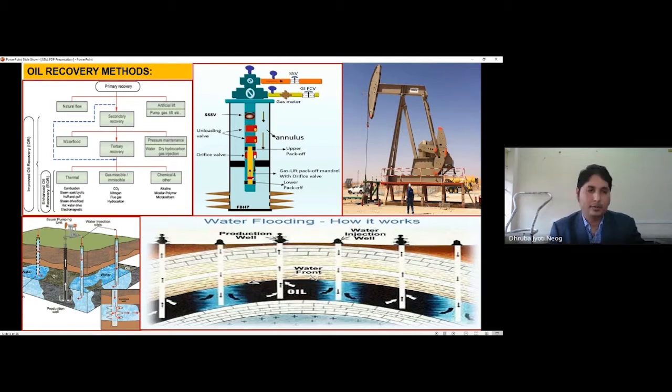And if there is no good connectivity between the aquifer and the oil reservoir, water has to be injected directly into the oil bearing part of the reservoir. As you can see here, water is being injected directly into the oil bearing part because of lack of sufficient connectivity between the oil reservoir and the aquifer.